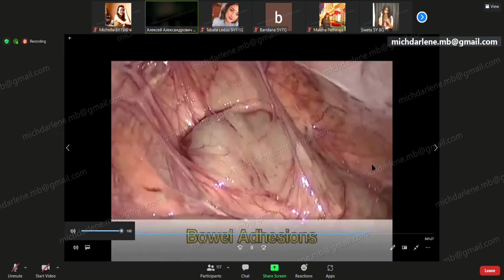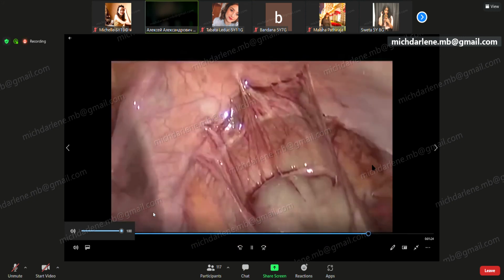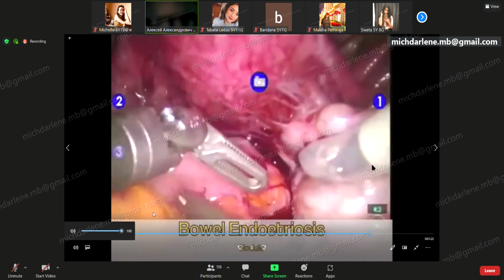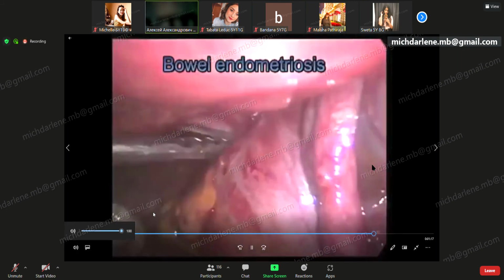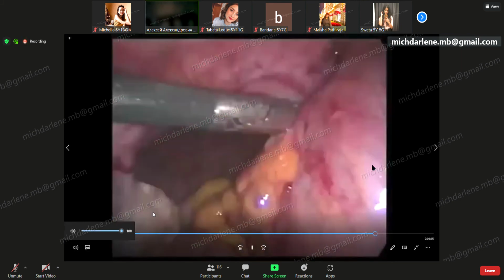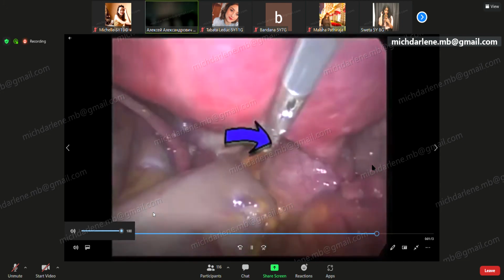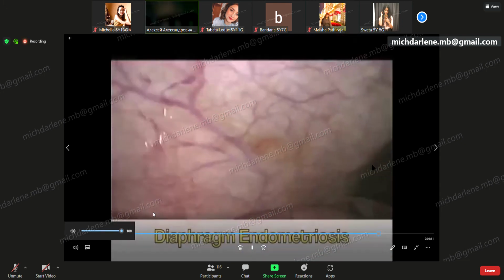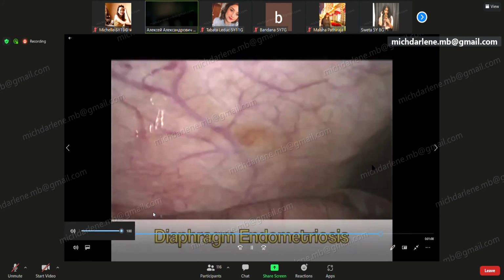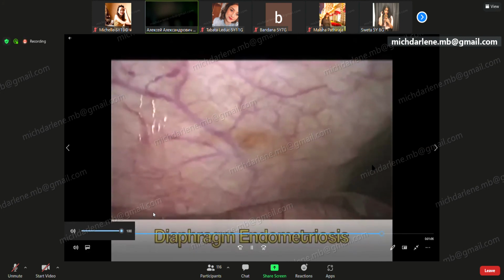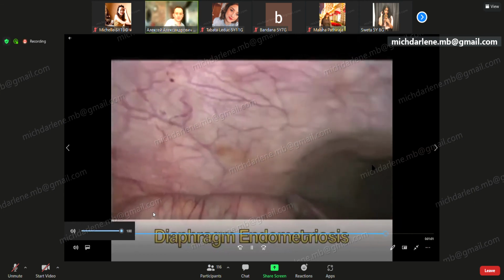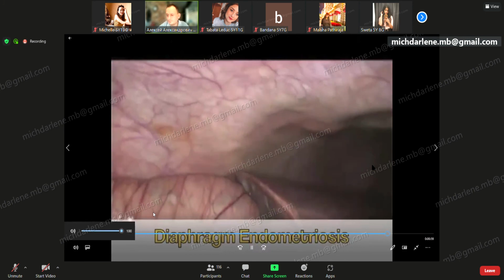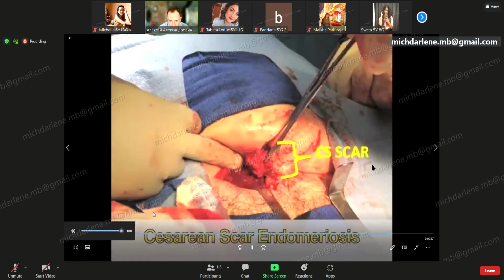Bowel adhesions due to endometriosis. Endometriosis on the diaphragm. Cesarean scar endometriosis.